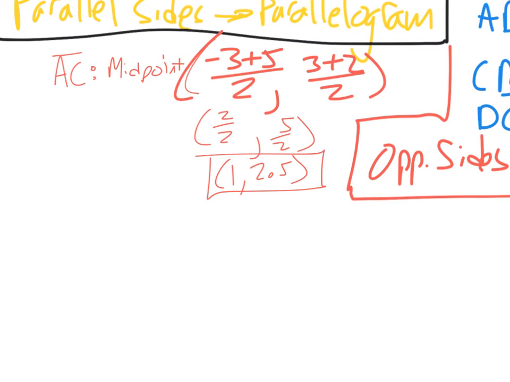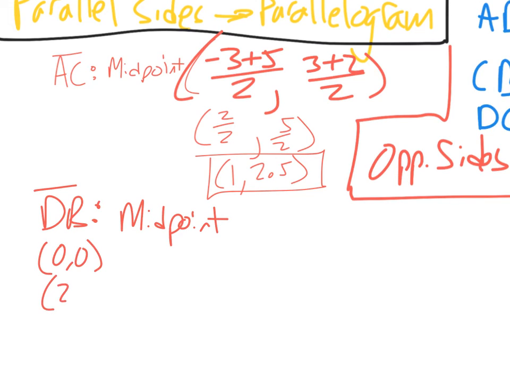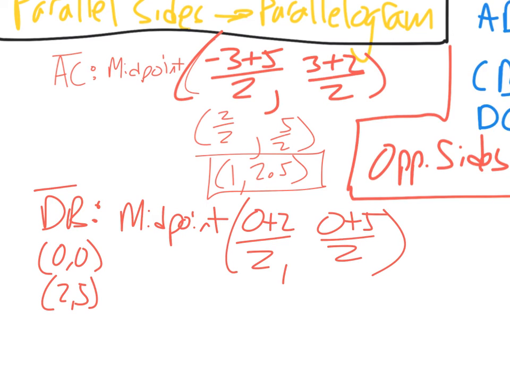So D, B, the midpoint. Let me write those down. They were 0, 0, and 2, 5. Those were the coordinates, we can look back there. So our midpoint is going to be: add the x's and divide by 2, add the y's and divide by 2, and we get 2 over 2, which is 1, and we get 5 halves.